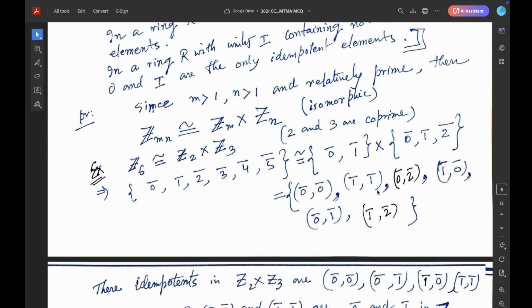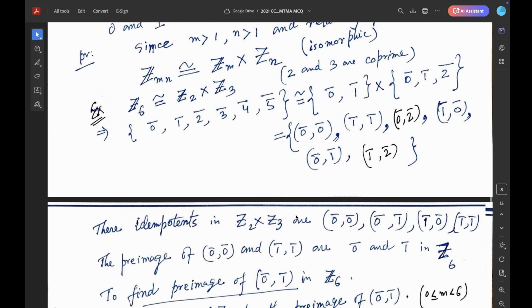Now this is isomorphic to Z6. The idempotents of Z2 cross Z3 are the ordered pairs (class 0, class 0), (class 0, class 1), (class 1, class 0), (class 1, class 1). The preimages of (class 0, class 0) and (class 1, class 1) are class 0 and class 1 in Z6.